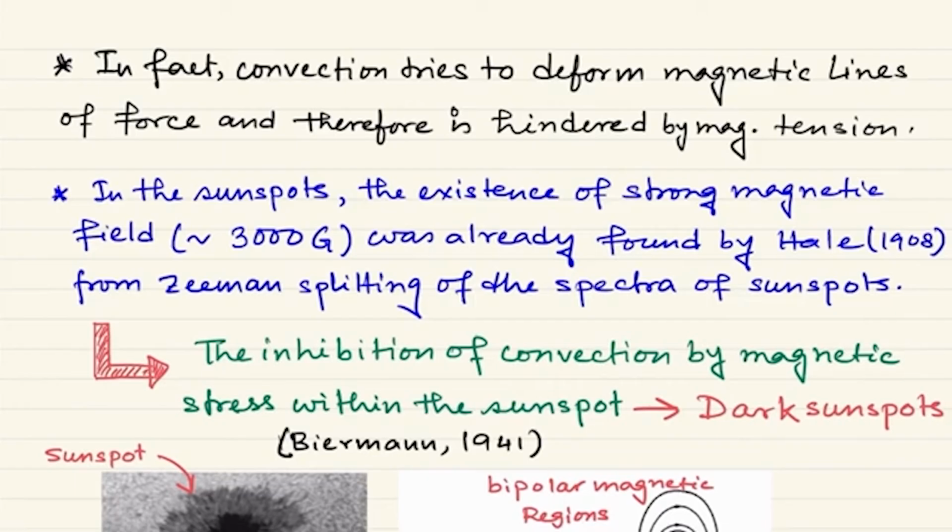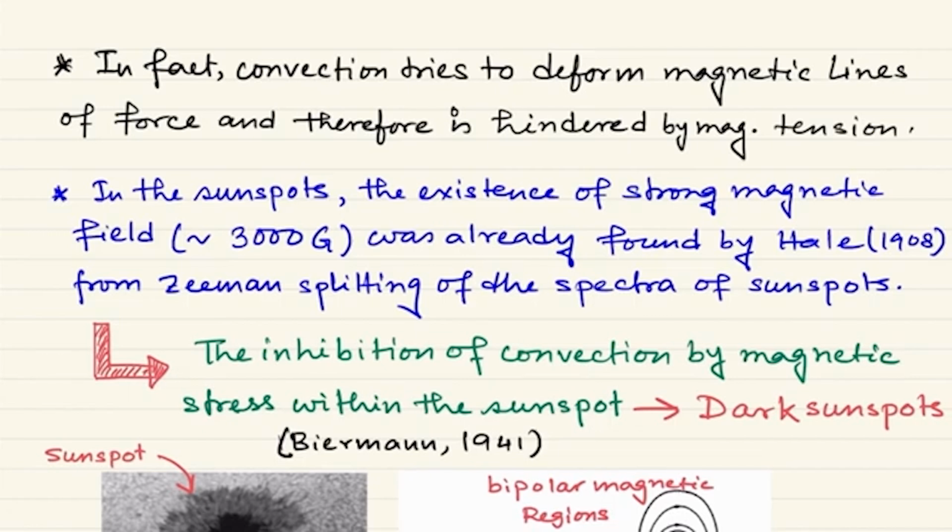It is true that the sunspots are the place where you can see a very strong magnetic field, of the order of 3000 Gauss. 1 Tesla is 10 to the 4 Gauss, so it is nearly 0.3 Tesla. It's very, very strong, whereas in the solar wind, the magnetic field is of the order of nano Tesla.